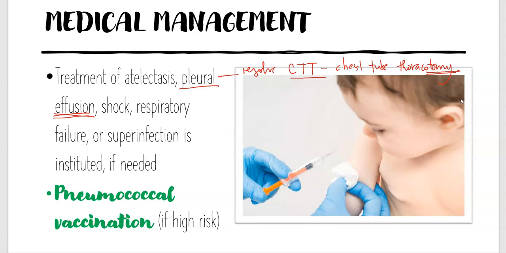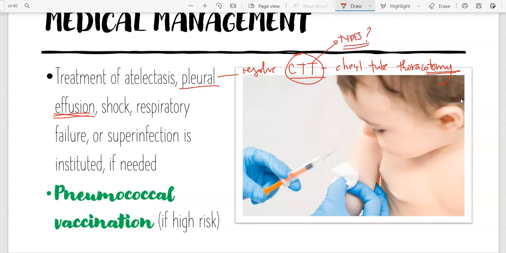So, as a homework, okay, this is going to be your homework for tomorrow. What is CTT and what are the different types of your CTT? Okay, what is your CTT, and there are different types. Your bottle system of your CTT. Actually, in the Philippines, there's still not much of an upgrade of your CTT.